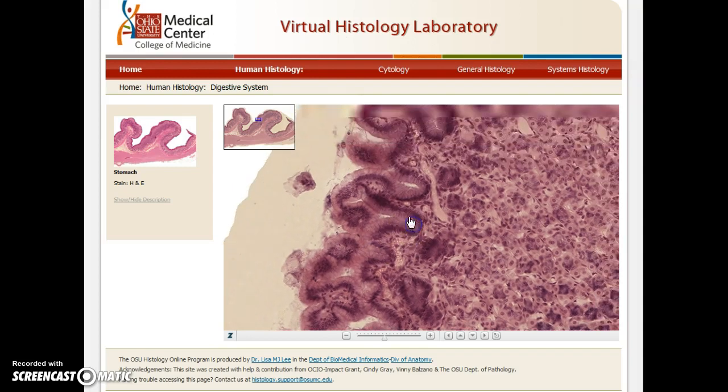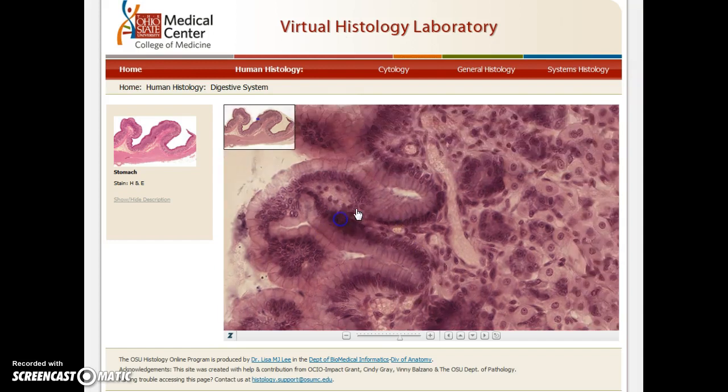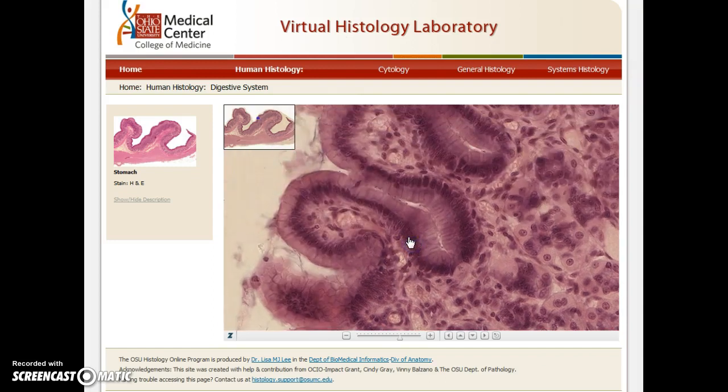The epithelium here is a simple columnar epithelium, and we can see the nuclei are all in a row here. So that tells me that this is simple columnar epithelium. And I actually don't see separate goblet cells throughout here, because the top portion of all of these cells has a mucus secreting portion that replaces the separate goblet cells that we would think about in a simple columnar epithelium.